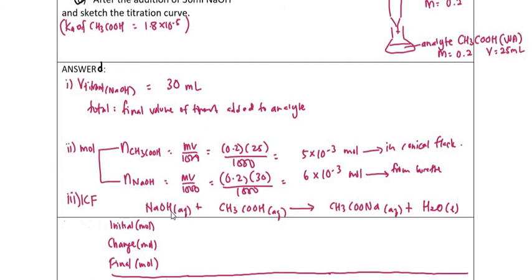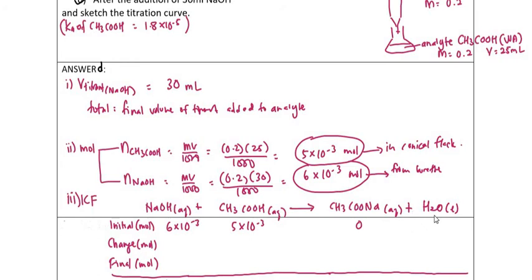You start with the neutralization equation in the conical flask, which is NaOH added to the analyte CH3COOH to produce the salt and water. The initial, change and final rows must be in units of mole. So you just substitute the mole of acetic acid in your initial row, 5 exponent negative 3, and the mole of NaOH added, which is 6 exponent negative 3.